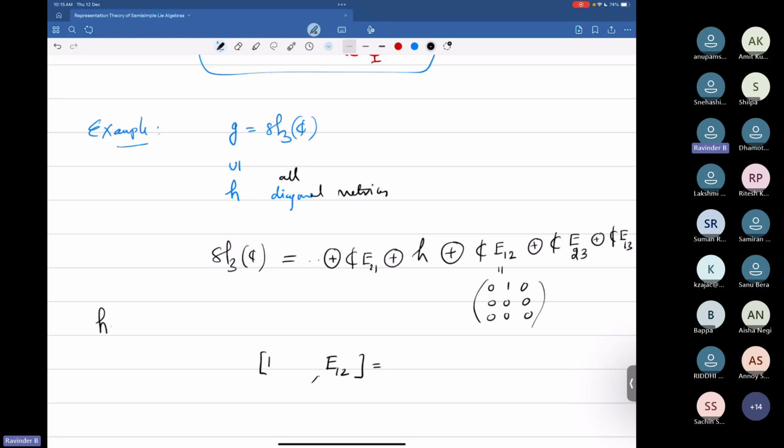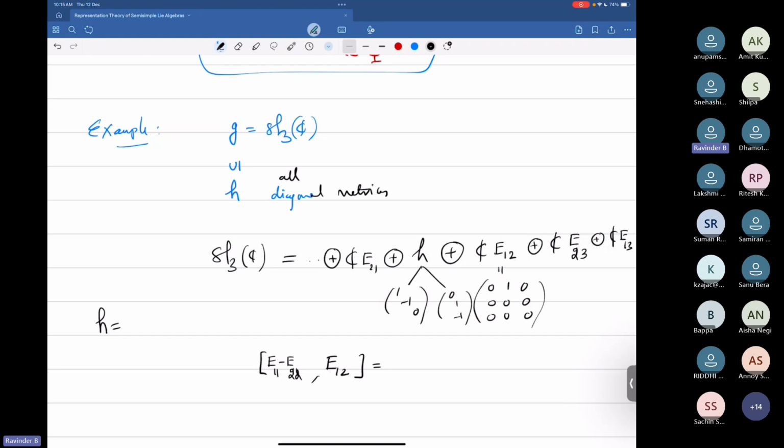The diagonal matrices have a basis, namely 1, minus 1, 0, and since it is two-dimensional, there is a second basis element. If you want to check an eigenvector for all the diagonal matrices, it is enough to consider this basis. In SL2C, you only considered one basis element, but in SL3C, you have to consider these two. I'm denoting the first as E11 minus E22.